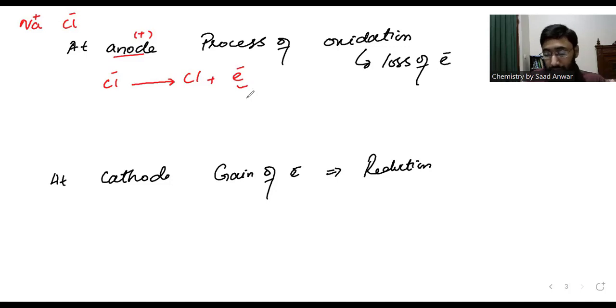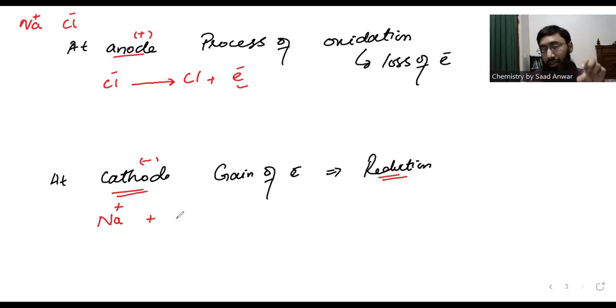And what happens at the cathode? The cathode carries negative charge, so all the sodium ions present in the solution will migrate towards the cathode. There the process of reduction, gain of electrons, takes place.